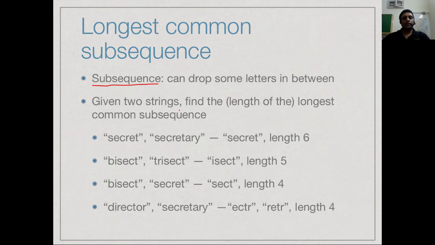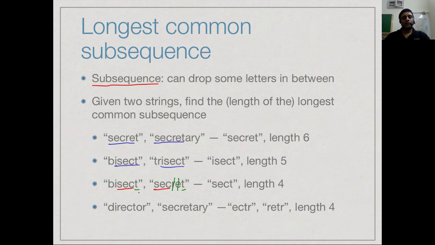In our earlier examples, some of them are the same. Like in this case, without dropping any letters, I could get 6 and I can't improve it. Same way with this one, I cannot improve it. But now if I look at bisect and secret, earlier we only had a length 3 match, SEC. But now I can extend this match to length 4, because if I add a T here, I can drop 2 letters and get a T.